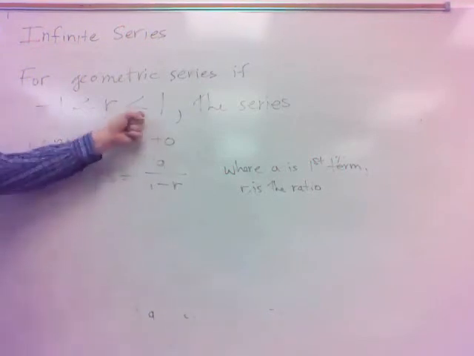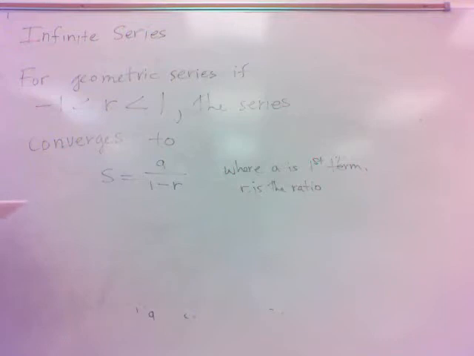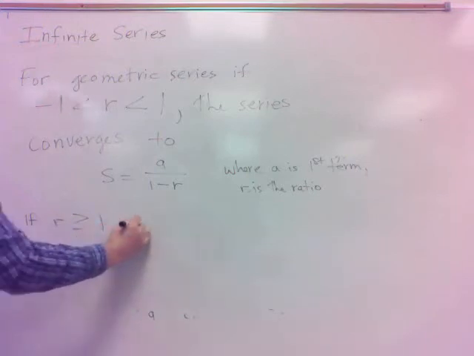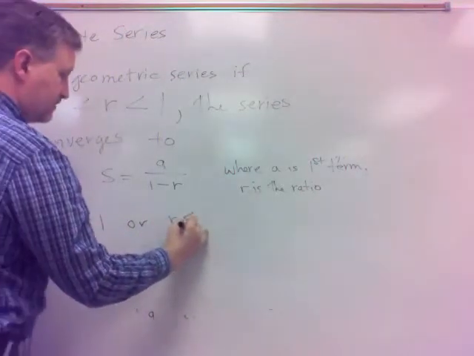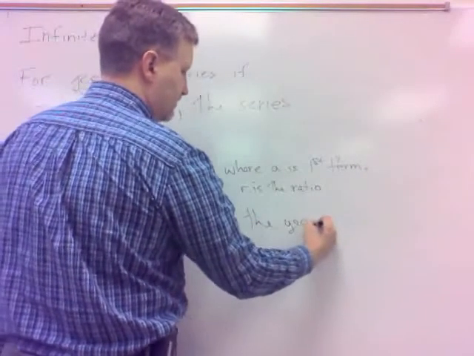Well, for the sequence, if it was equal to 1, it converged. But not in the case of the series. It's strictly between. And so what that means is if R is greater than or equal to 1 or R is less than or equal to negative 1, the geometric series diverges.